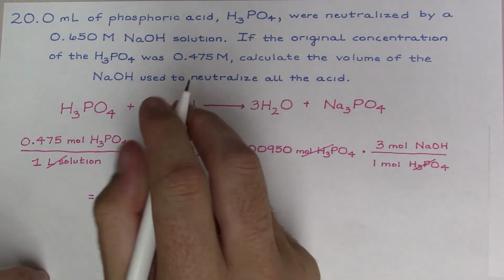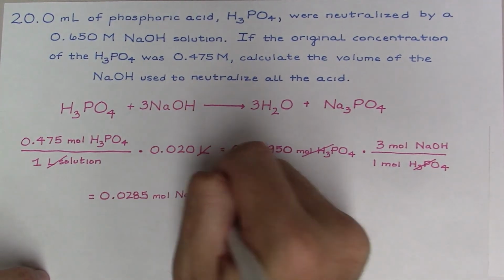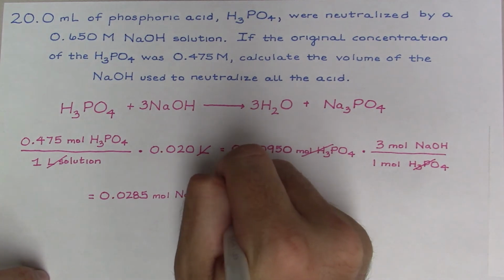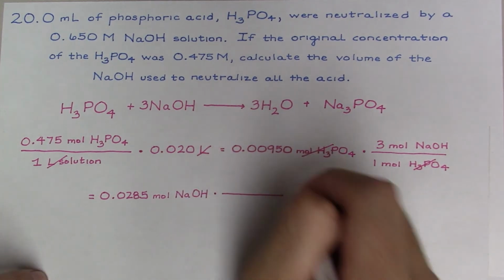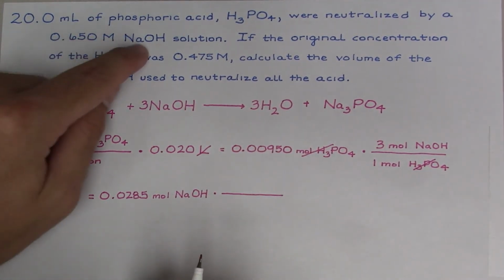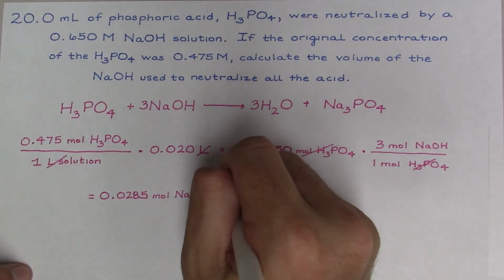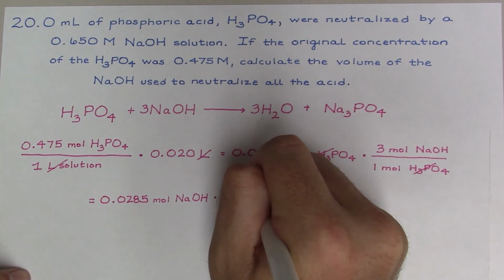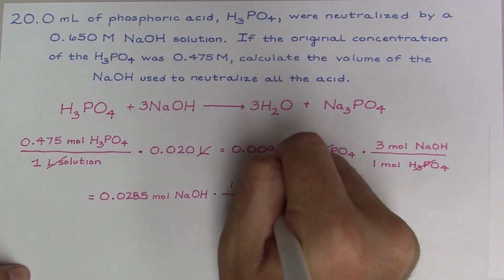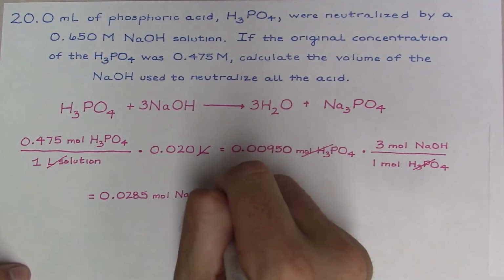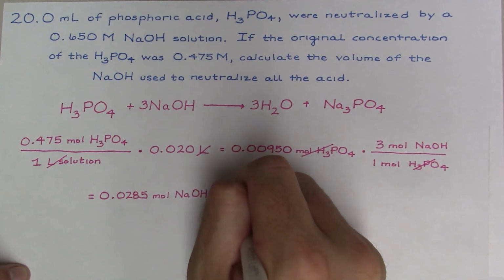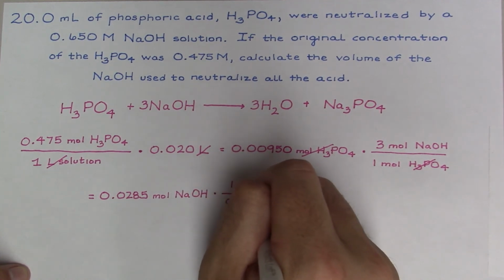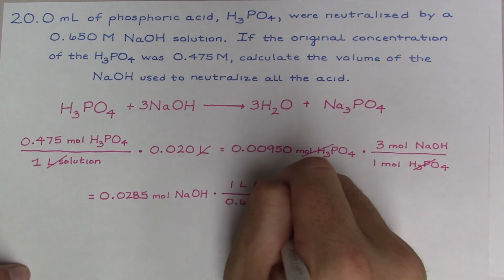So now that we have our moles, we need to use our concentration, very similar to what we did in problem 1, to determine our volume. So we know the molarity, so we can state that 1 liter of sodium hydroxide can be put over 0.650 moles of our sodium hydroxide.